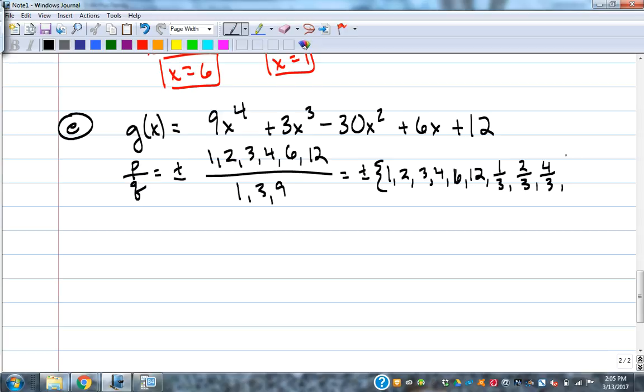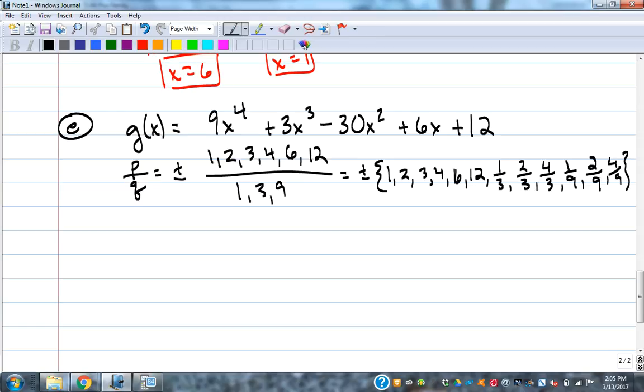And then I have 1/9, 2/9. 3 over 9 is 1/3. I've already got that. 4 over 9. 6 over 9 would be 2/3. And 12 over 9 would be 4/3. So a little longer list on this one because I had more factors. So several there to choose from.